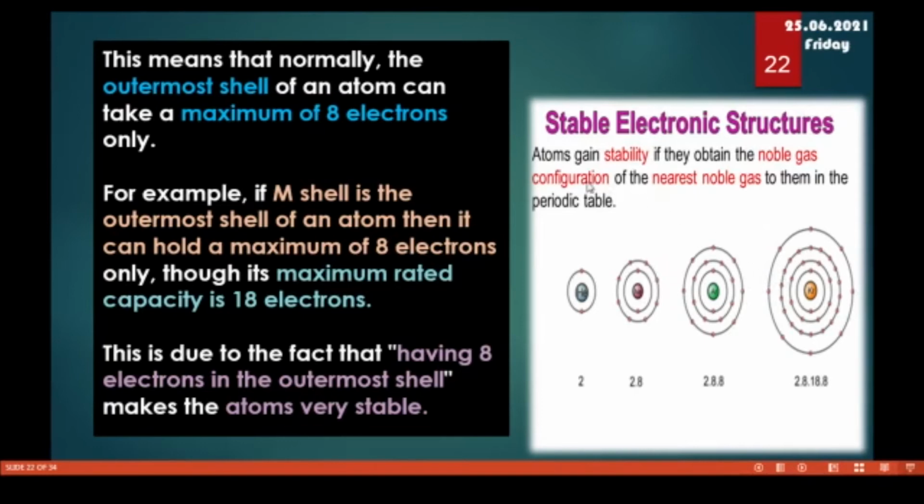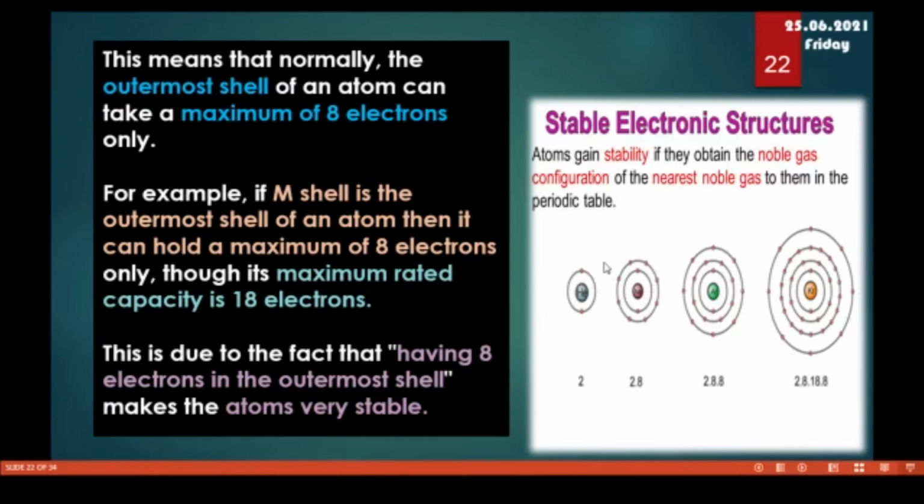Atoms gain stability if they obtain the noble gas configuration of the nearest noble gas to them in the periodic table. Helium, neon, argon, krypton, xenon are the noble gases. These gases are always stable because their shells are fully filled.